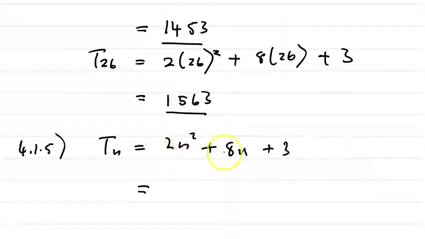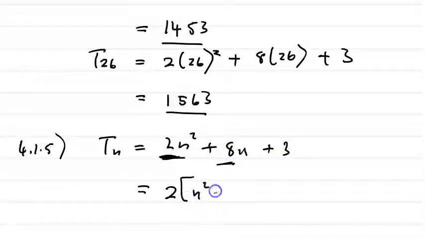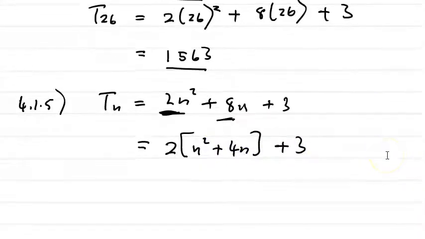How can we show that this is always going to be odd? Well, one thing that we can do is use our knowledge of even and odd numbers. For example, you've got 2 and 8. If I take out the 2 as a common factor, I'm left with n squared plus 4n, and I'm left with plus 3. So we've got 2 times n squared plus 4n.